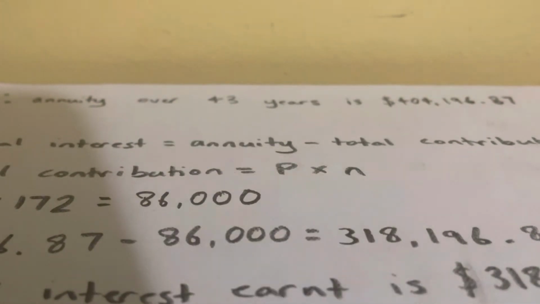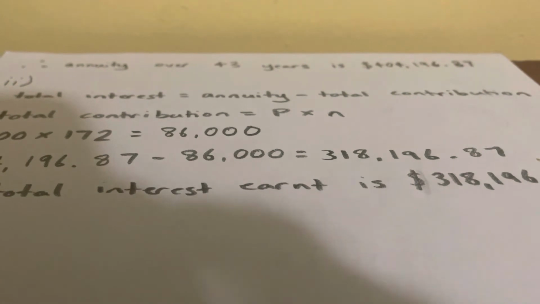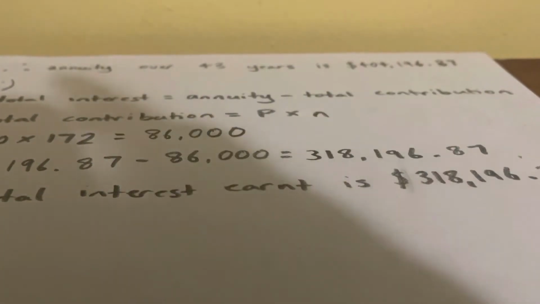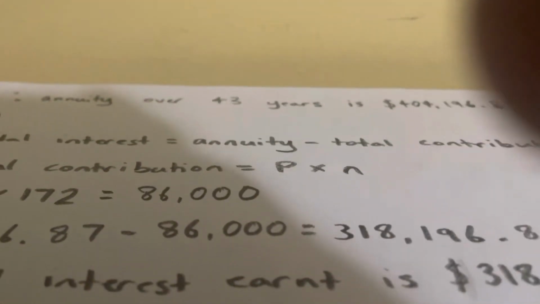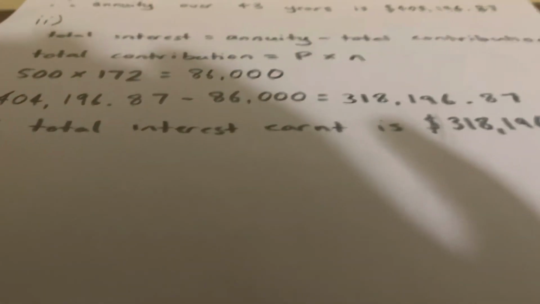Now, our total interest earned is equal to our annuity, which is what we just found out, this value right here, minus our total contribution. So now we need to work out our contribution.